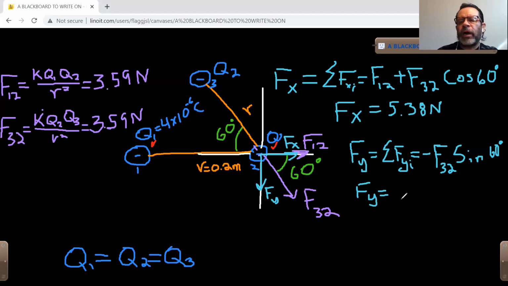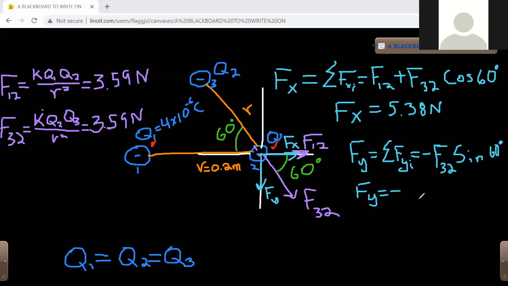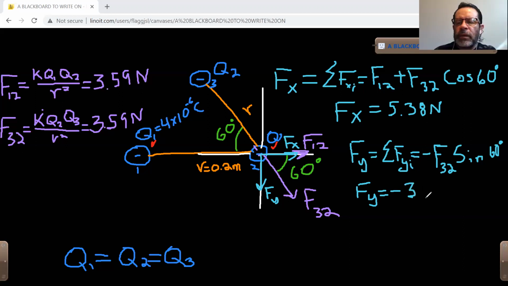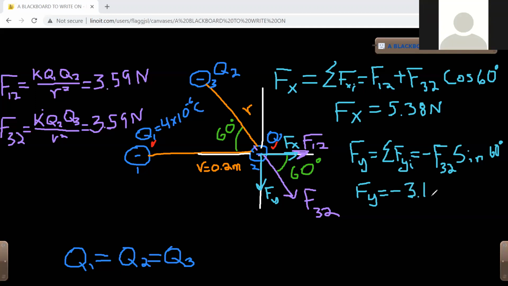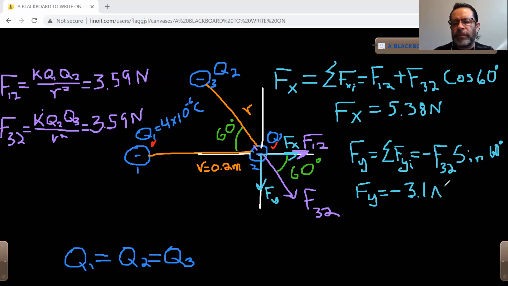Can somebody tell me the value of Fy in this calculation, please? Negative 3.10? Correct. I'm going to say 3.1 newtons. Okay.